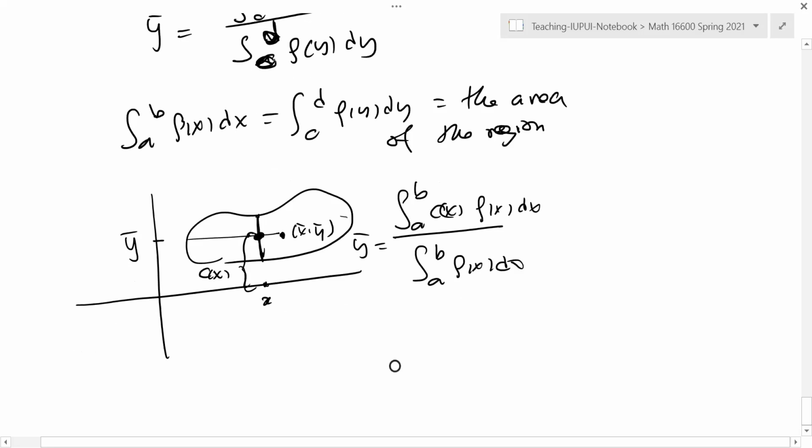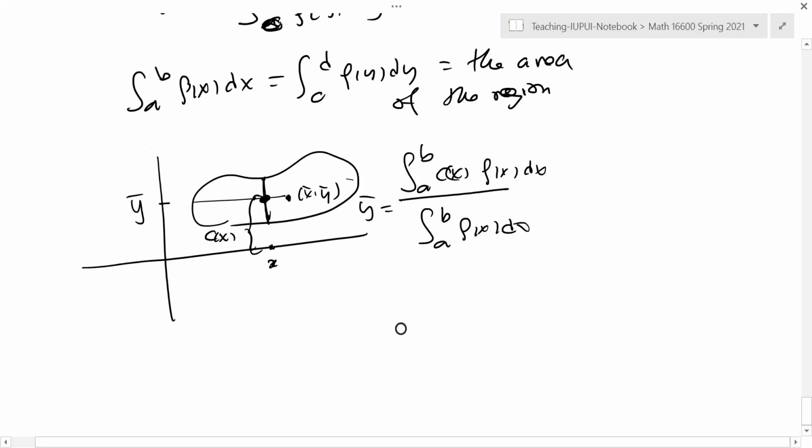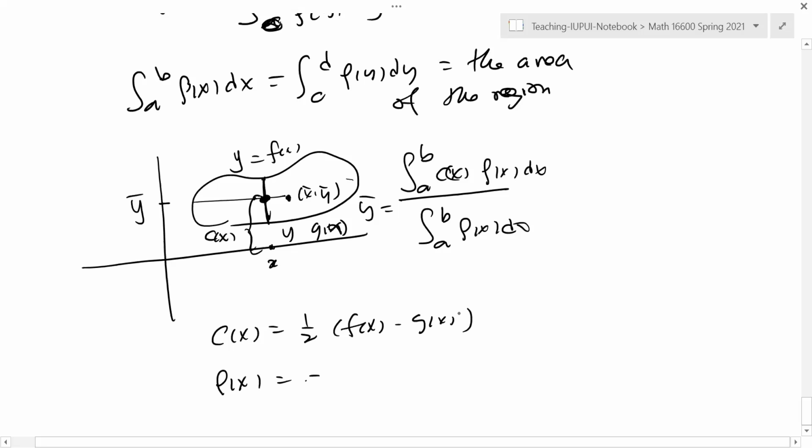In a specific example, if the top one is y equals f of x and the bottom one is y equals g of x, then c of x is just half of f of x plus g of x, and rho of x is the density function, the difference of these two functions.